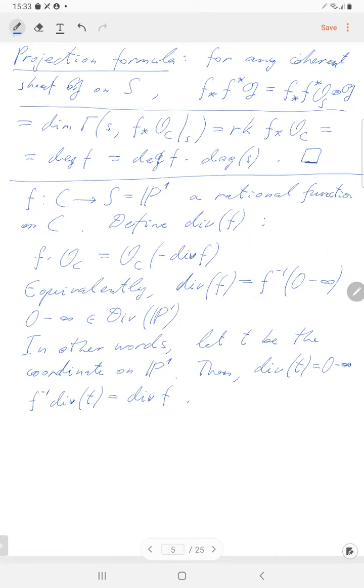Okay. So from the description, it follows that the divisor of any function always has degree 0.